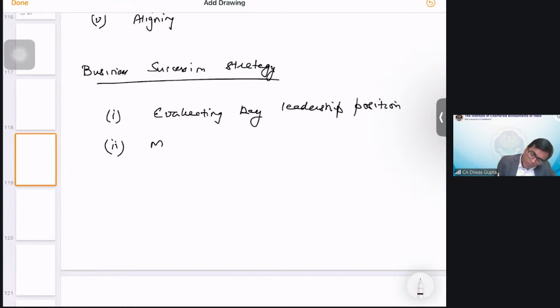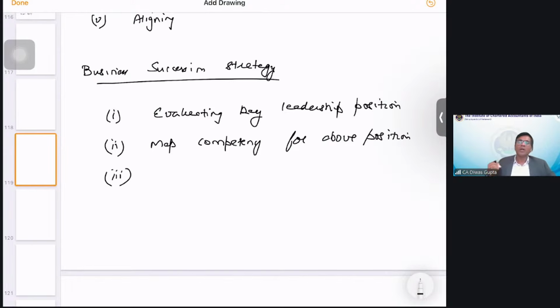Then we will have to map competency for the above positions. That means what all competencies are required, right? What all skill set is required to perform duties for this key leadership position. Then we will identify what is the competency of the current workforce.